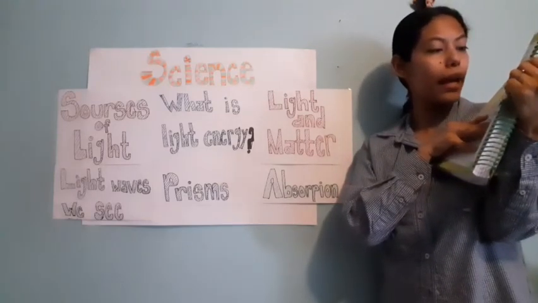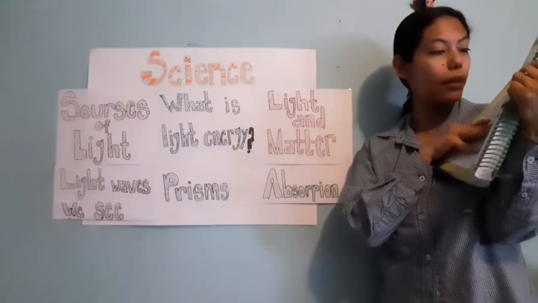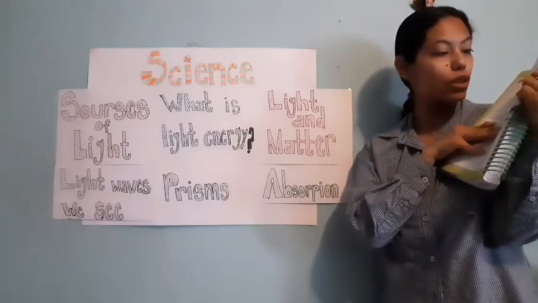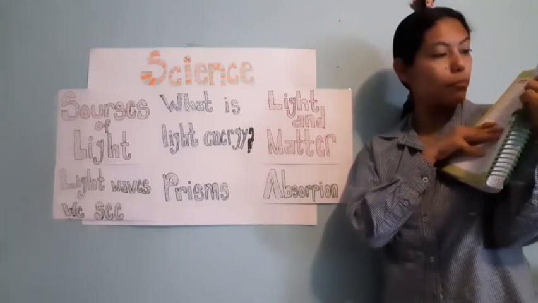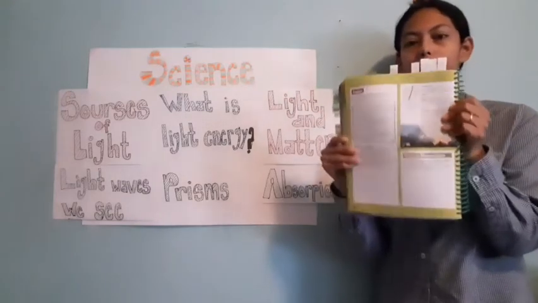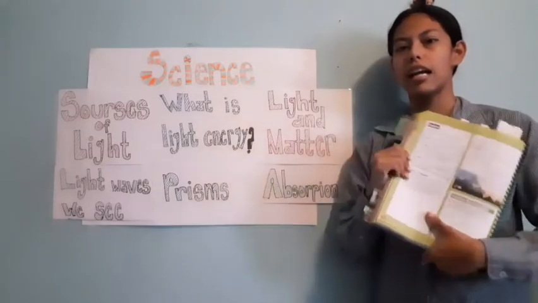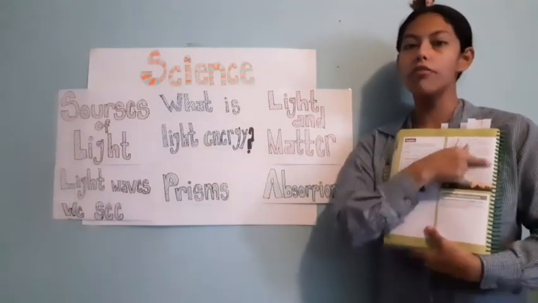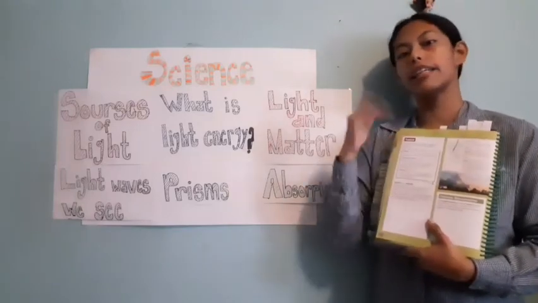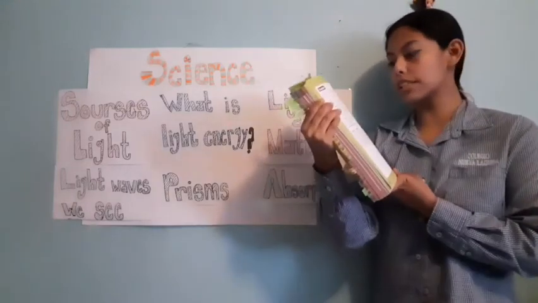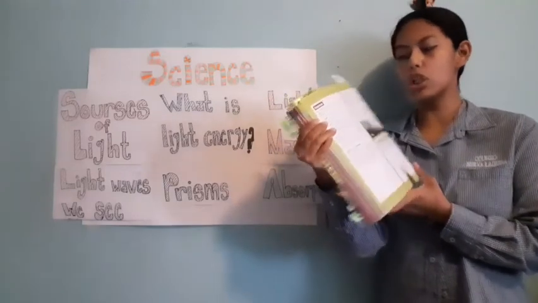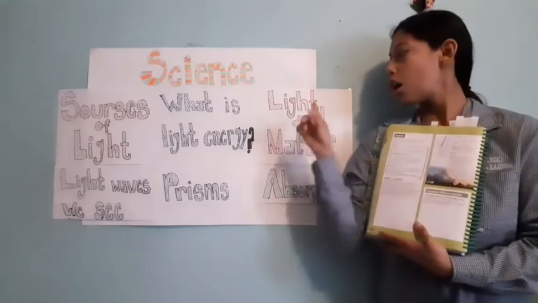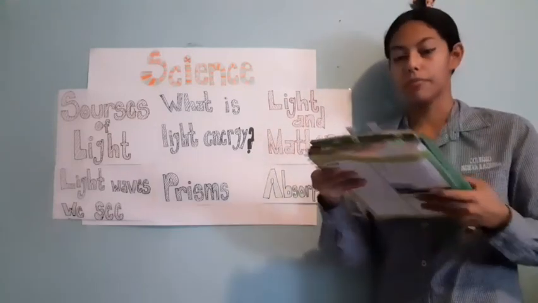Light rays reflect as they travel from the pencil to the water, to the glass, to the air. Explain how the pencil looks. If you can see, the pencil looks like divided, like cut. Yes, because of the light hitting the water. So this effect makes the pencil look separated. This is an example of light and matter.